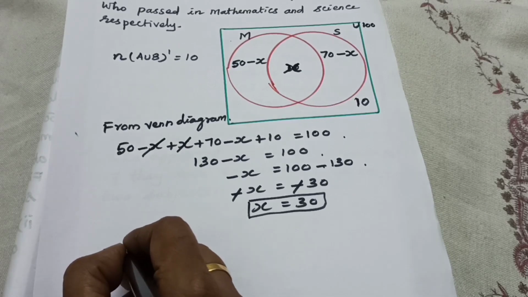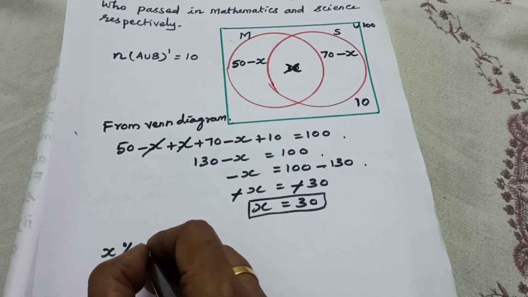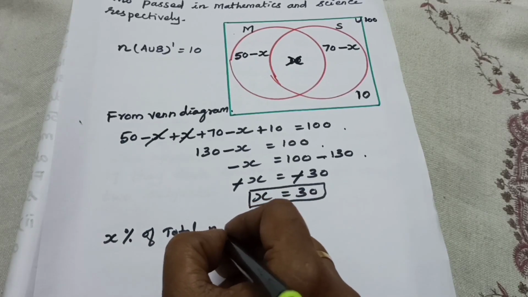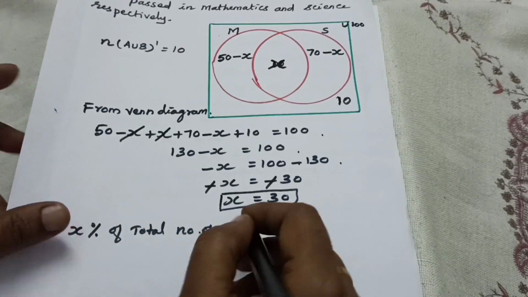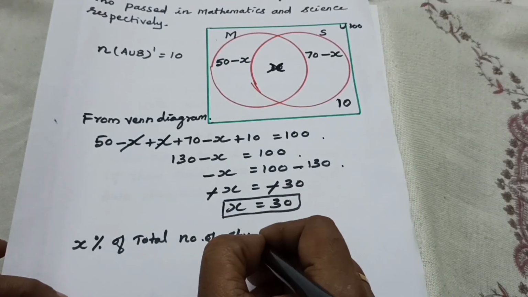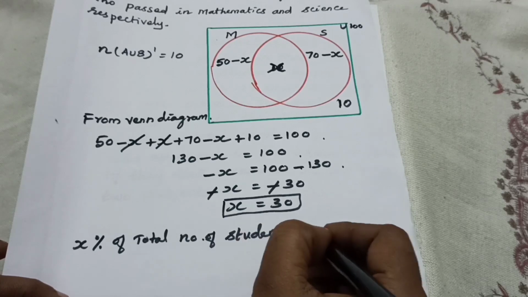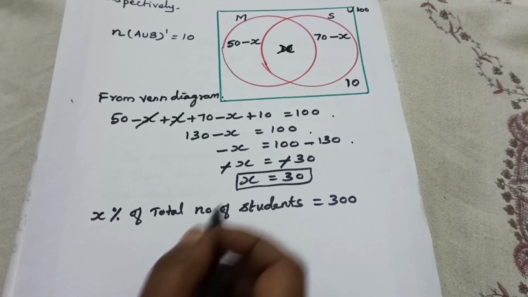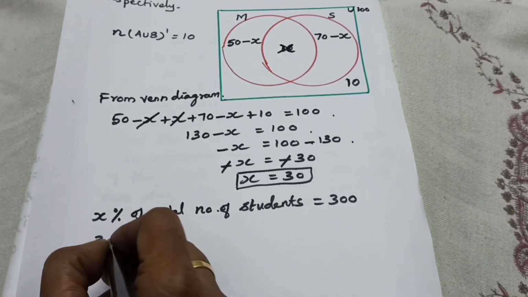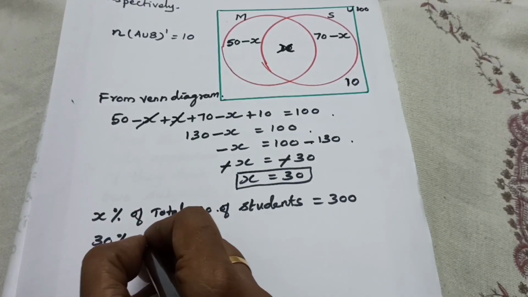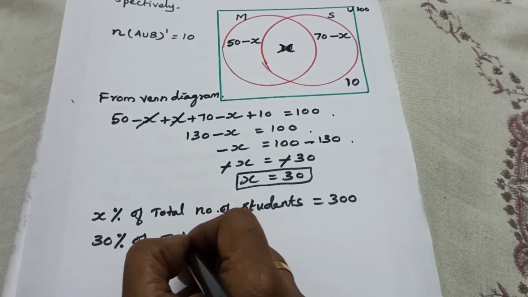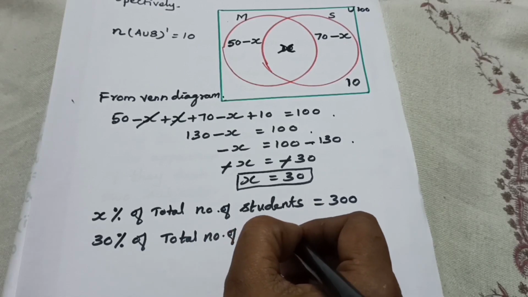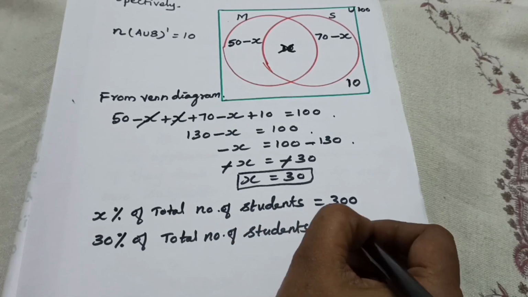Therefore x percentage, that is 30% of the total number of students, is equal to 300.